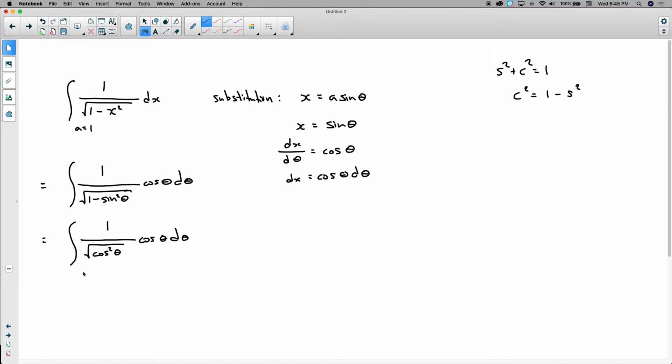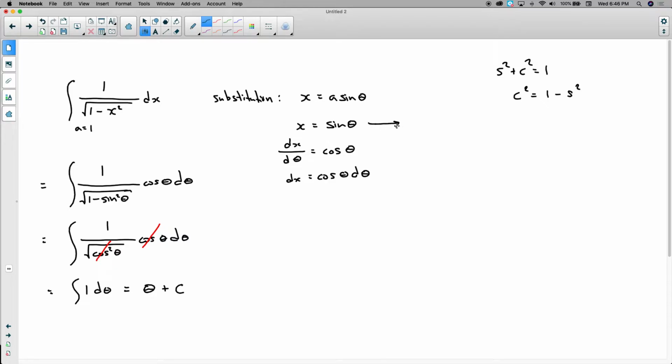All right, so then I'll skip this step because the root of cosine squared is cosine, and the cosine kills the cosine. And we have the integral of 1 d theta, which is theta plus c. However, we do need to back substitute.